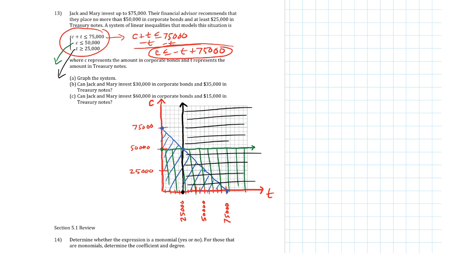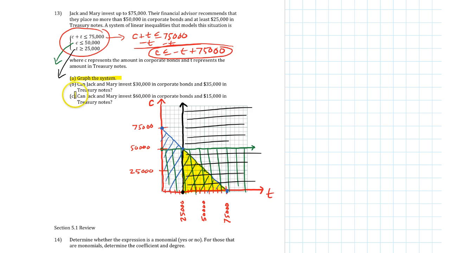So where all three of these regions overlap, in this area here. Okay. So A, we've graphed the systems.